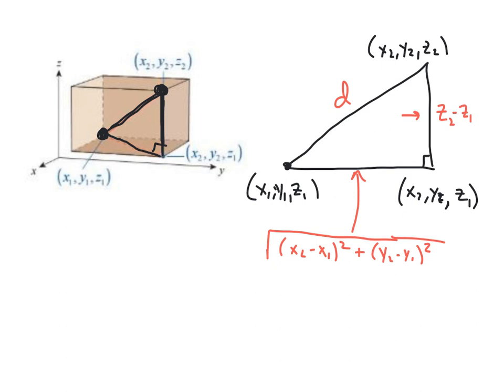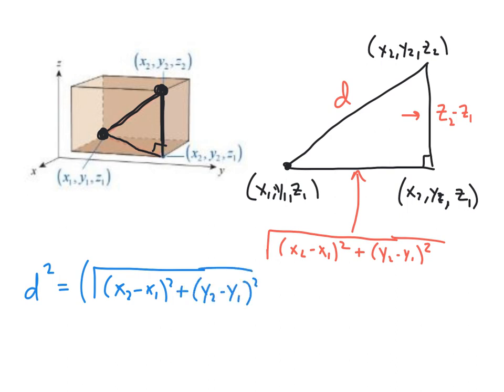So now using the Pythagorean theorem, we can find our desired distance. So d squared is going to be the sum of the squares of the legs. So we're going to have the square root of x2 minus x1 squared plus y2 minus y1 squared, we want that squared, plus z2 minus z1 squared.